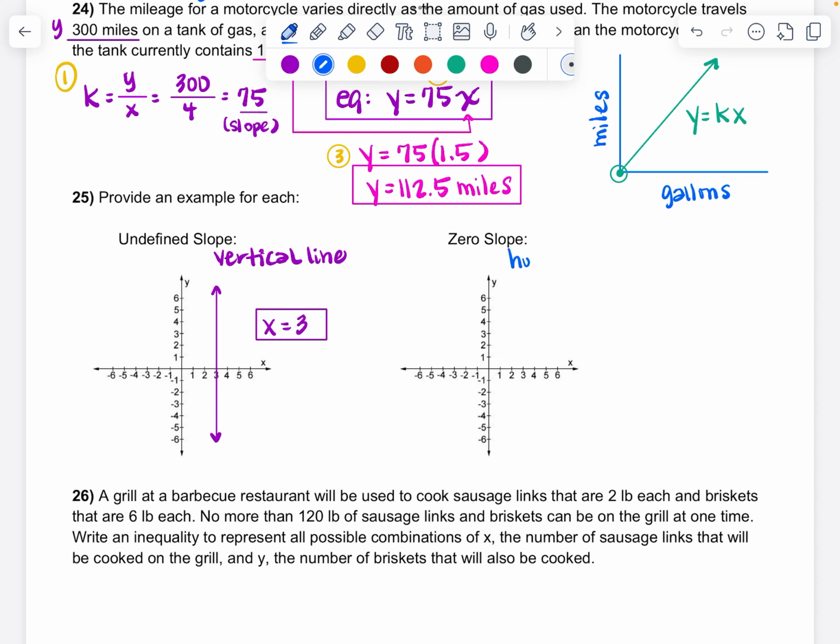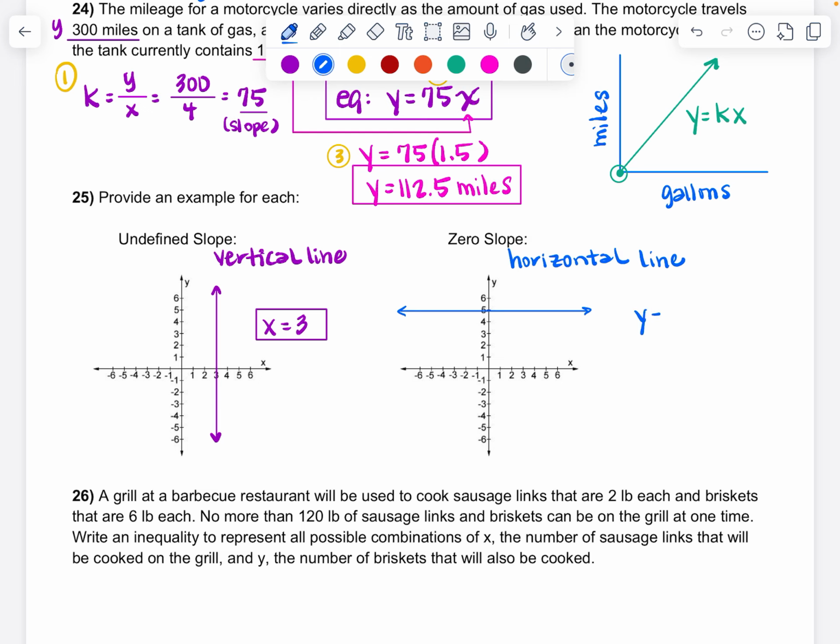Now, 0 slope, that is, of course, a horizontal line. Oh my gosh, I just wrote horizontal slope. Sorry, horizontal line, right? Because it's 0 divided by a number, and so that means there is no rise and all run. So it has to be a horizontal line.